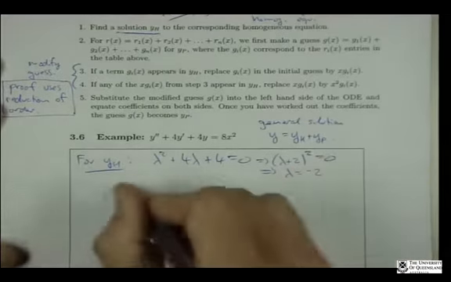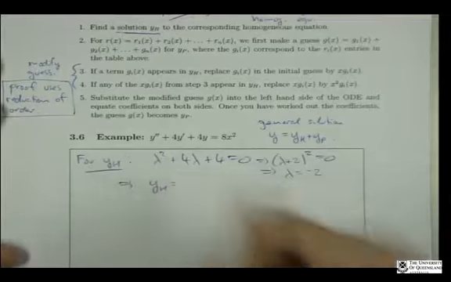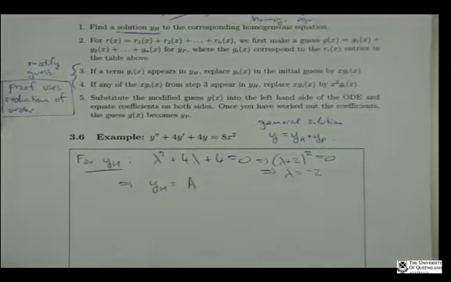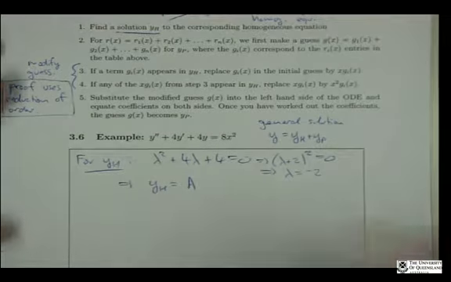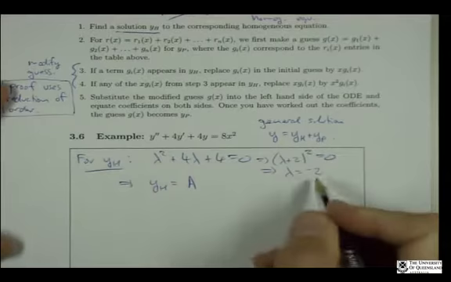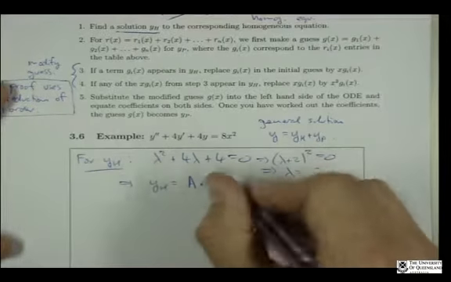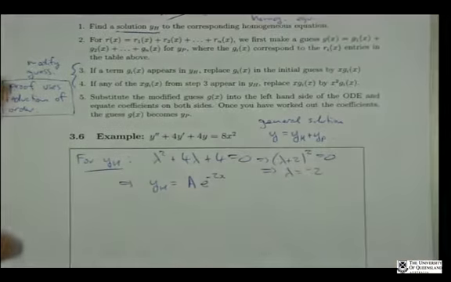So that implies that for the homogeneous solution, remember it's a second-order linear equation, I've worked out 1 value of lambda, so I know e to the negative 2x is a solution.